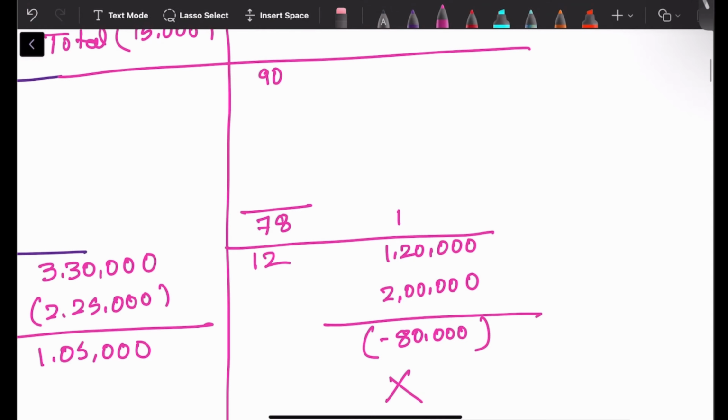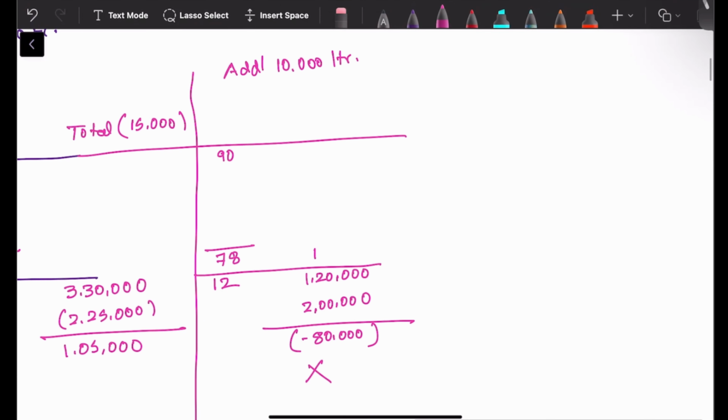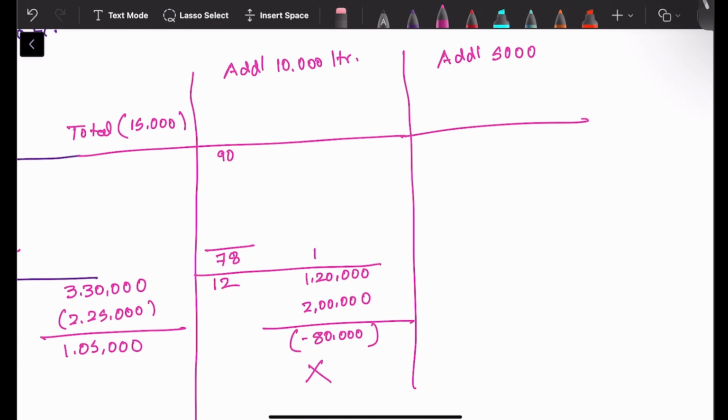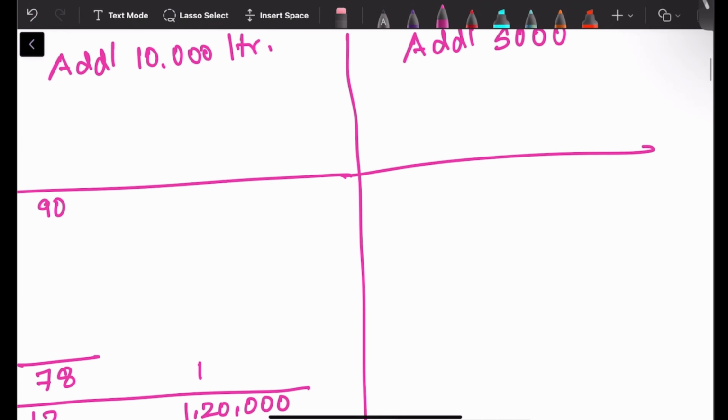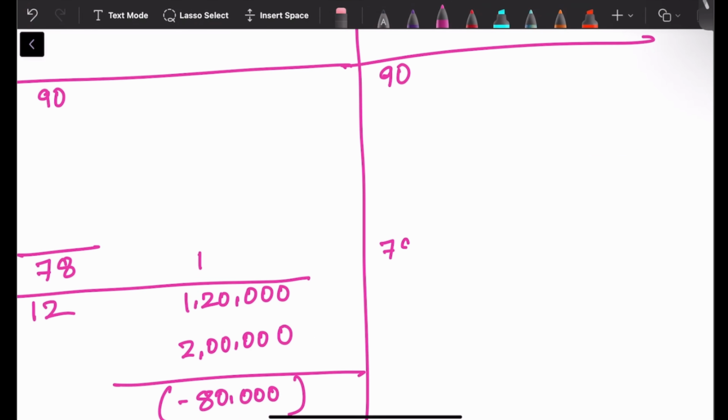Then what else is my other option? My other option is additional 5,000 only. That means I am not incurring anything extra. It is within my capacity. So 90, then total variable cost is 78. My contribution is 12. 12 into 5,000, 60,000 is my new contribution.